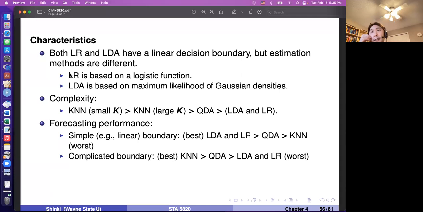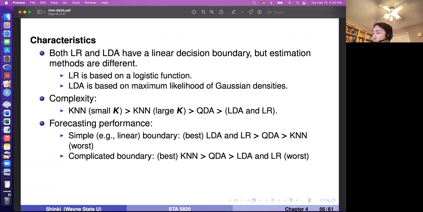The Gaussian density is based on the distance between the center and the observation, so the likelihood is determined by that distance. It is a more distance-based method. So we have slightly different functions, but anyway, the boundary is linear.